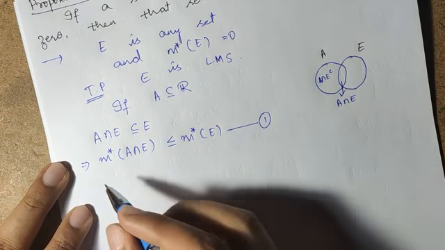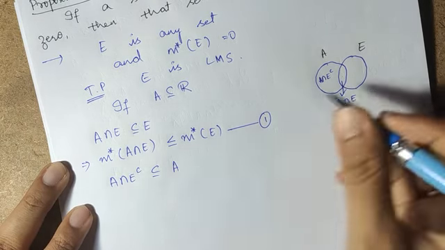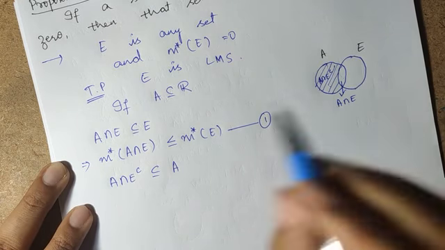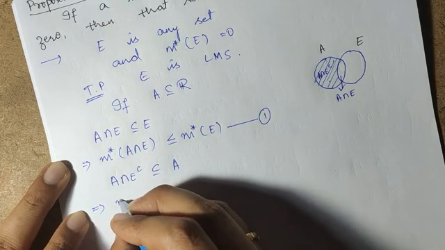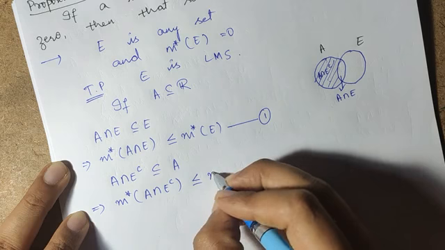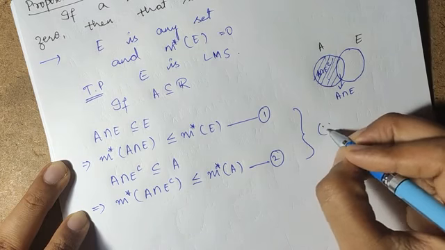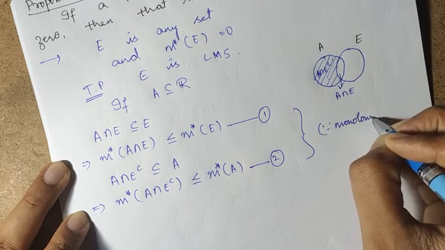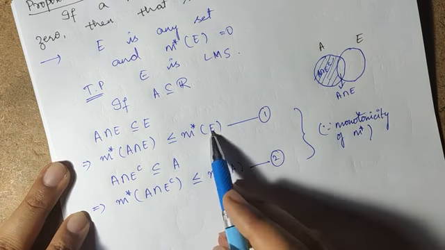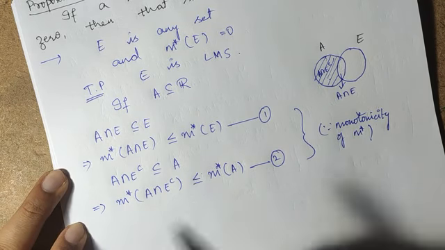So again from the figure, I can write A intersection E complement is a subset of A. So again from the monotonicity property, m star of A intersection E complement is less than or equal to m star of A. I will call this inequality 2. So these two are from the monotonicity of m star.